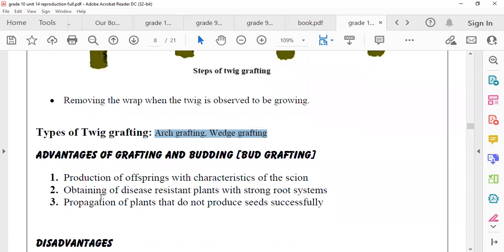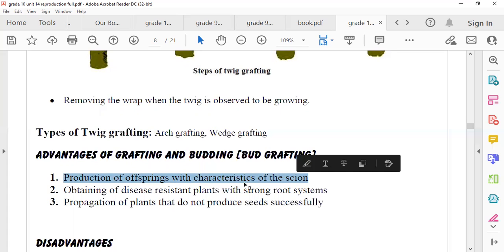And in grafting, if you look for the advantages, the normal asexual reproduction advantage is the production of offsprings with the characteristics of the scion. For a simple example, say you have a sour orange plant in your garden. Now you don't have any benefit from that sour orange.